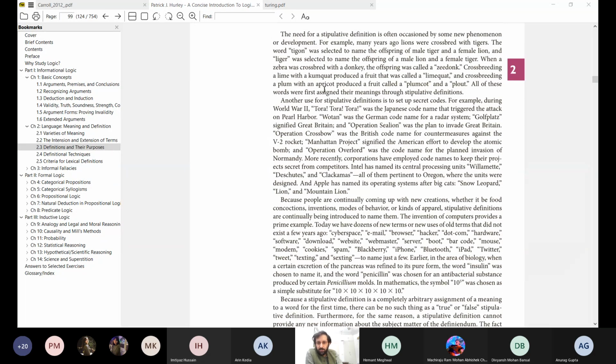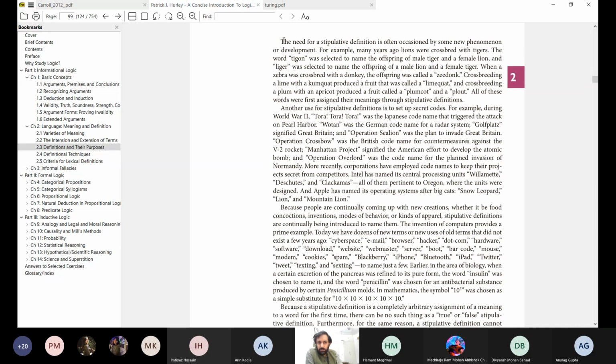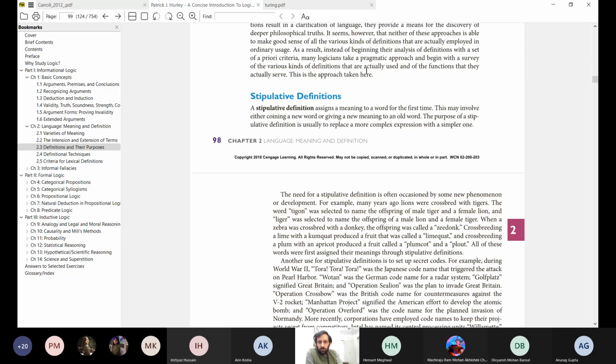So why don't I have somebody read out, somebody else after Anurag? We'll start with this paragraph, the need for a stipulative definition. Or we can just start from here, a stipulative definition. Somebody who's not read before.